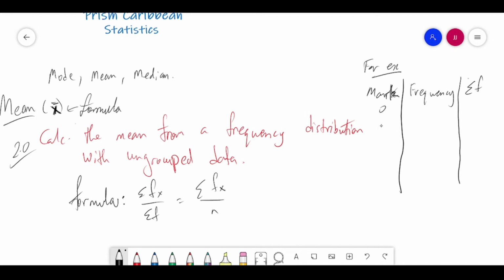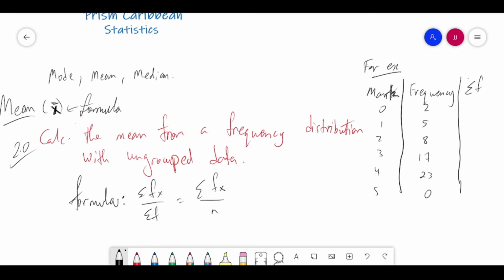Let's say we have marks from 0 to 5 here, and then we have a frequency for each one. 2 persons got 0, 5 persons got 1 mark, 8 persons got 2, 17 people got 3 marks, 23 people, let's say, got 4, and let's say no one got 5, right?